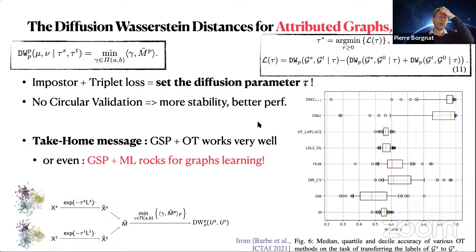But anyway, the conclusion of this part is that combining optimal transport, here one technique for machine learning, plus the insight of graph signal processing allows us to solve in an efficient way some task. Here, the one of domain adaptation between two attributed graphs.